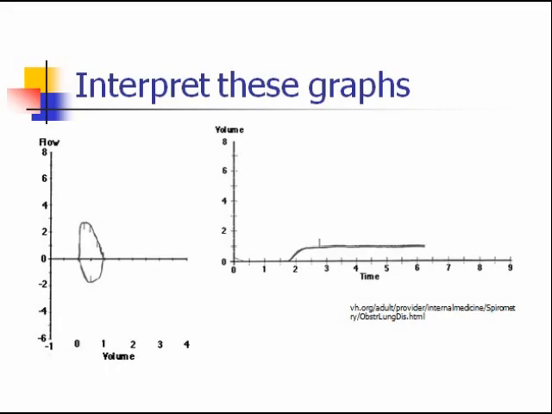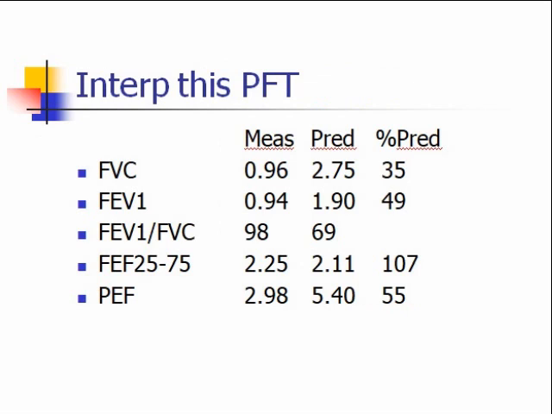Now, you cannot make an interpretation by the shape of the loop, but it sure gets you thinking, is that a restrictive problem?